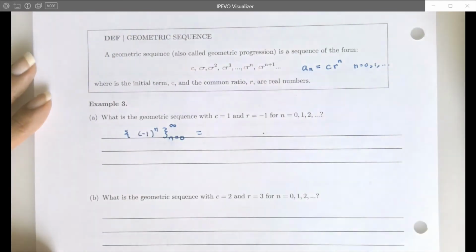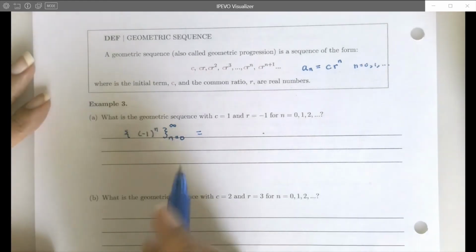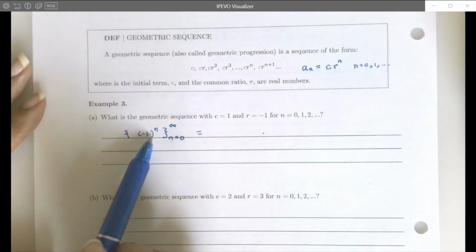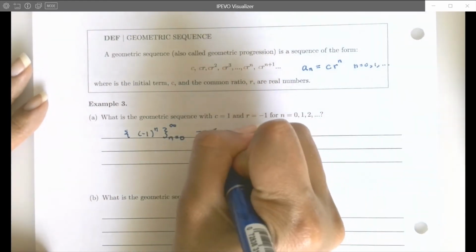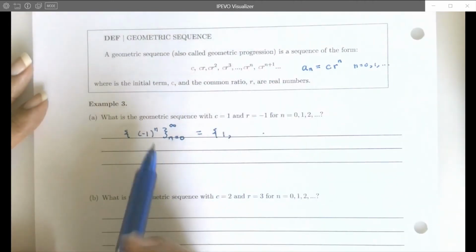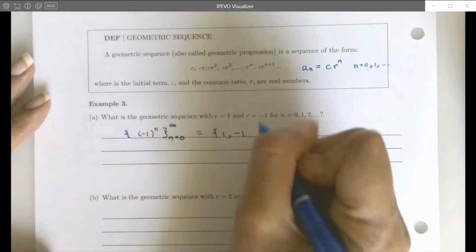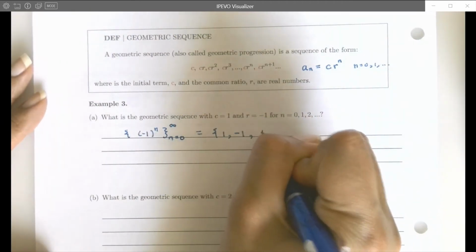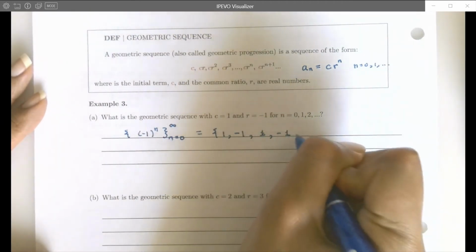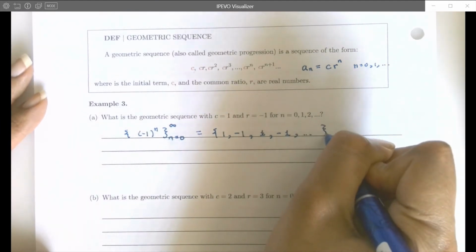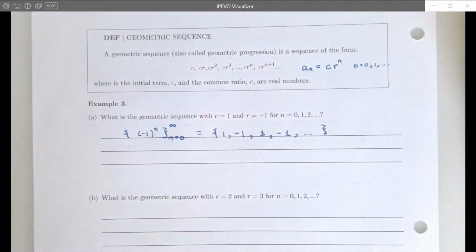So let's see, what is this going to result in? Well, this is going to result in a 1 when n is 0 and a negative 1 when n is 1. And then when n is 2, we're going to have a 1 again, and then a negative 1. So really, we have the sequence of numbers that just alternates between 1 and negative 1.